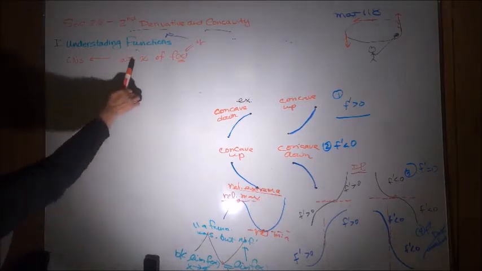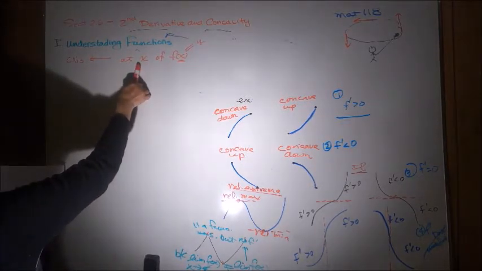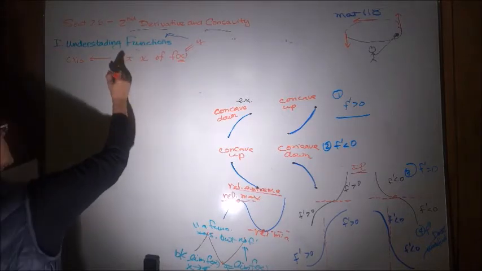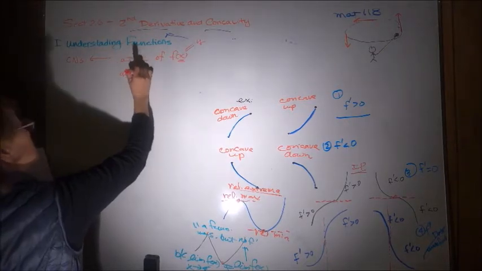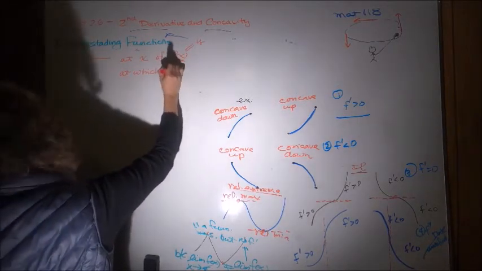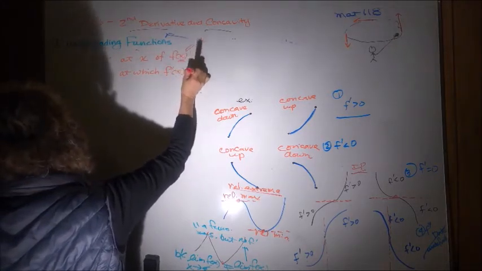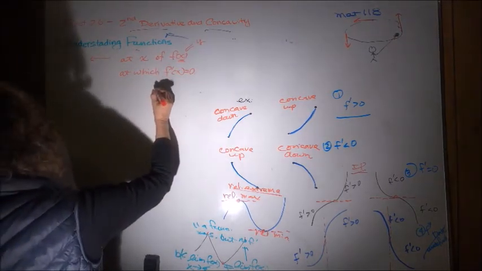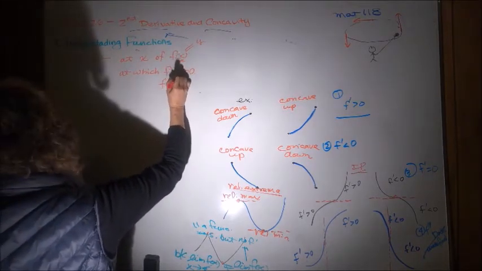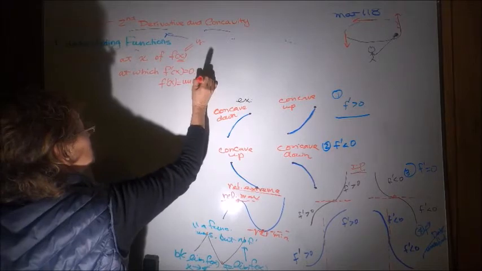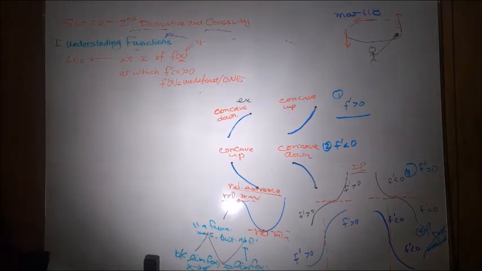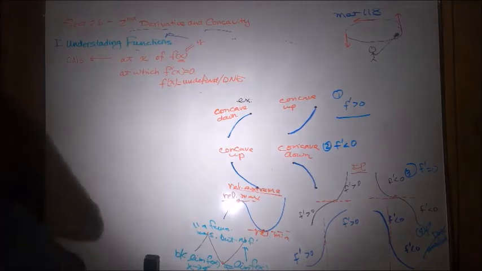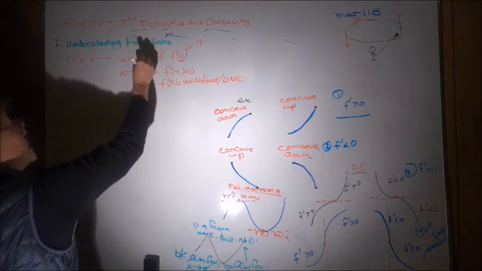At the point x, if F prime of x is 0, or F prime of x is undefined or doesn't exist, then we call this point of time at x what?